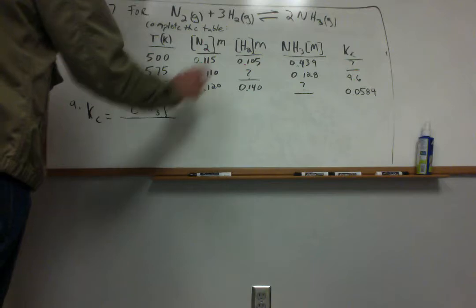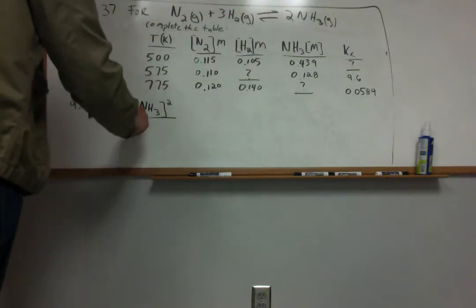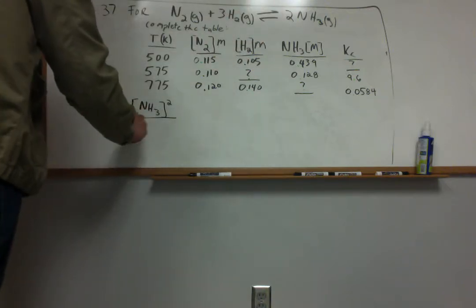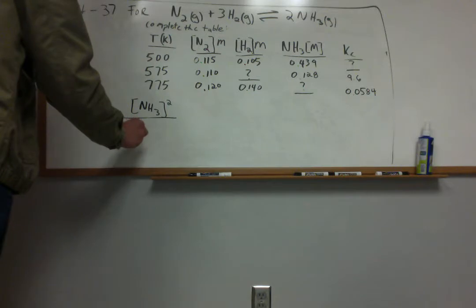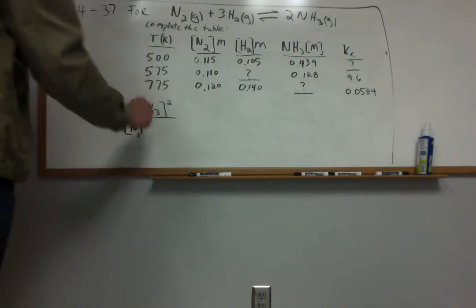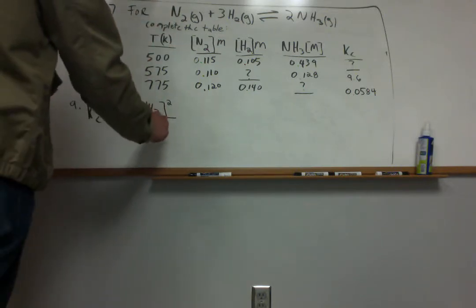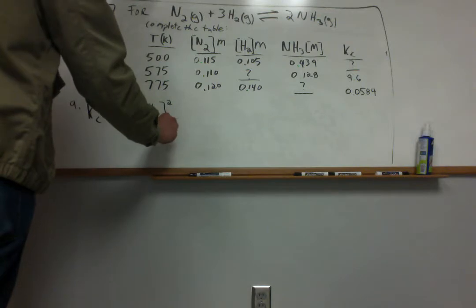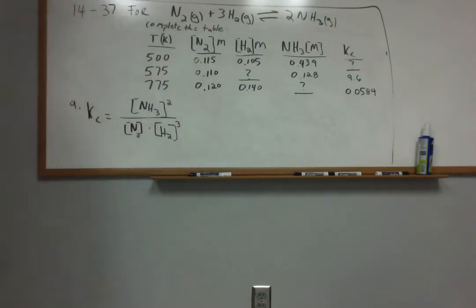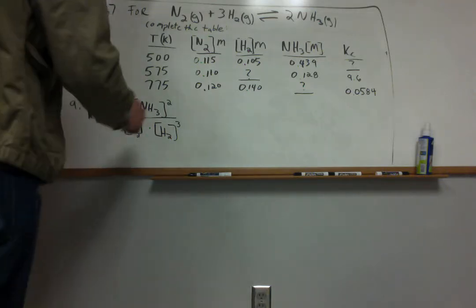We've got to square that one by virtue of the 2. We divide by the molarity of the nitrogen raised to the first power times the molarity of hydrogen at equilibrium cubed by virtue of the 3.